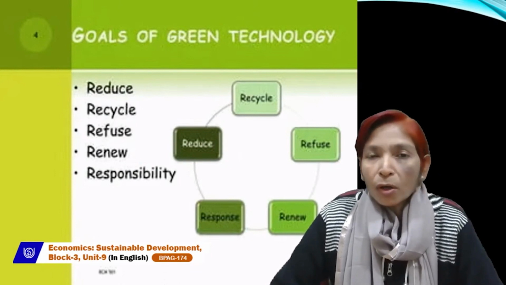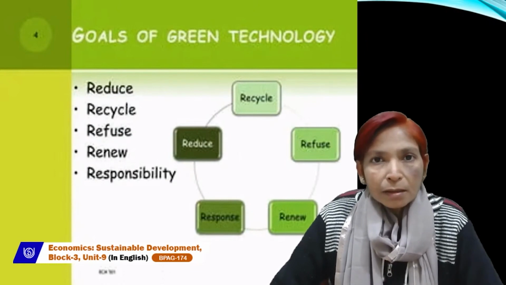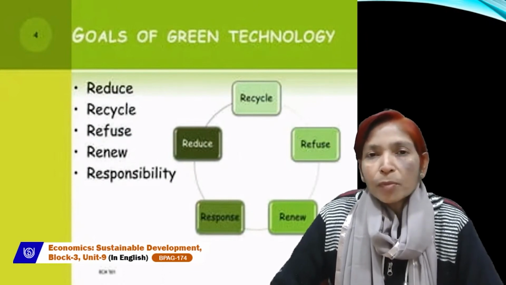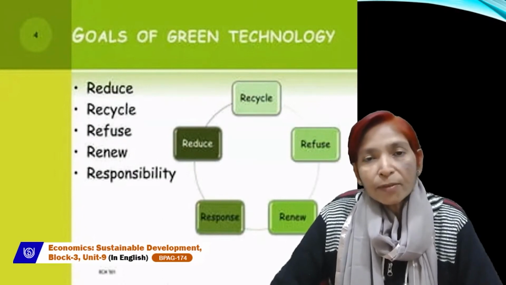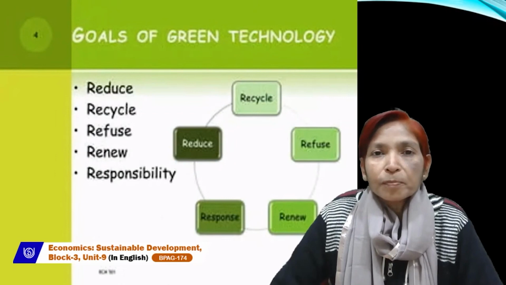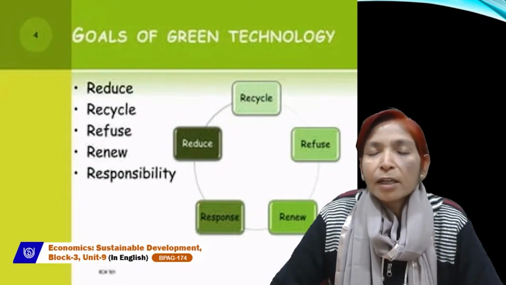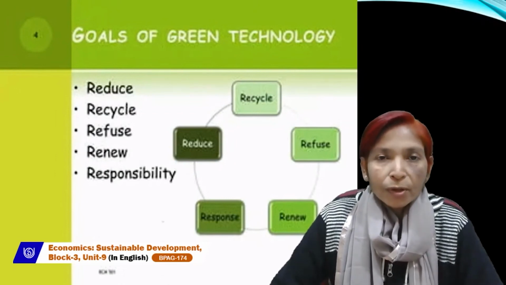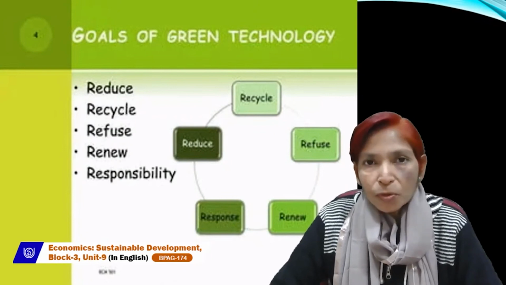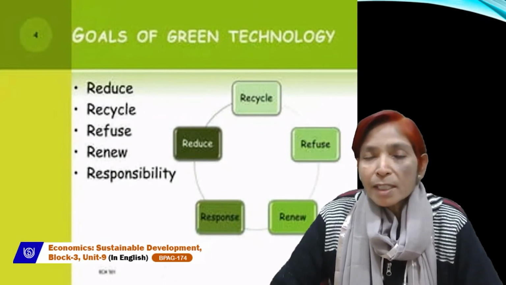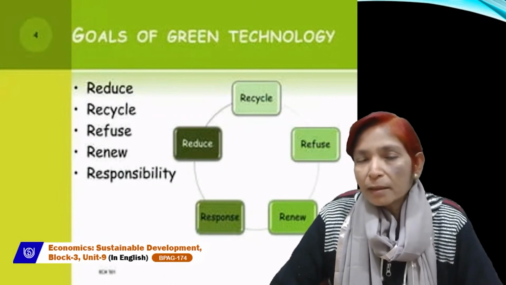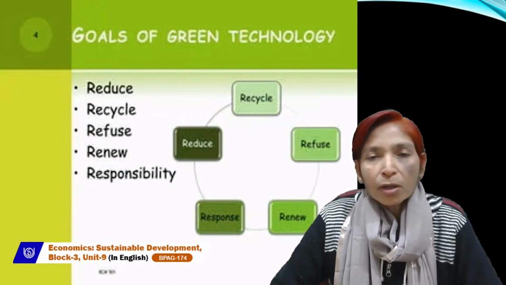We should not use hazardous chemical fertilizers for the production of crops. We should use technologies which are environment friendly. So refuse means we should refuse to use technology which adversely impacts the environment. That type of technology we should not use.